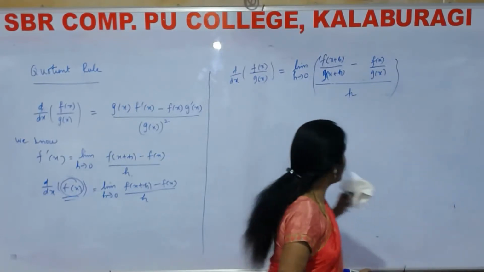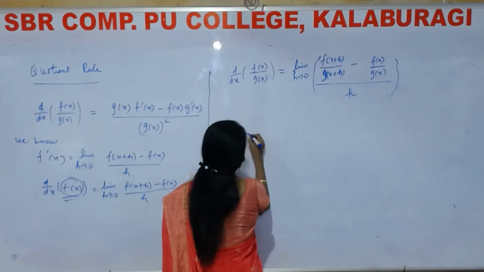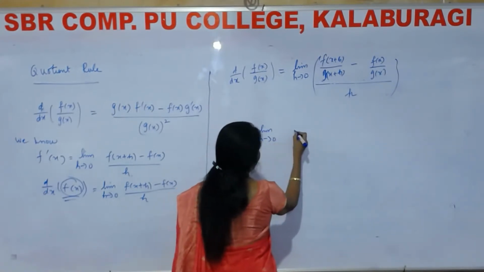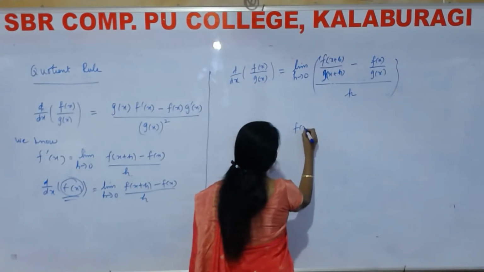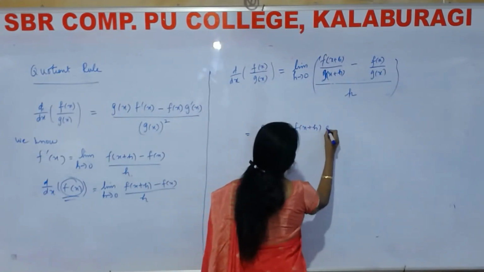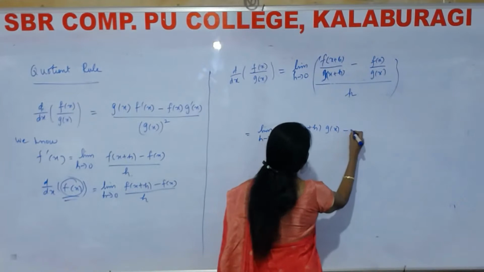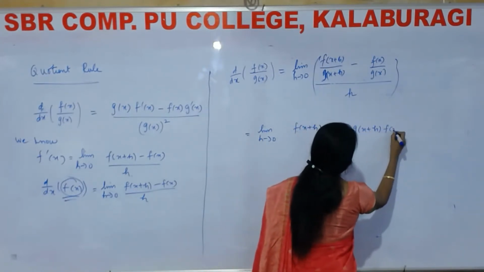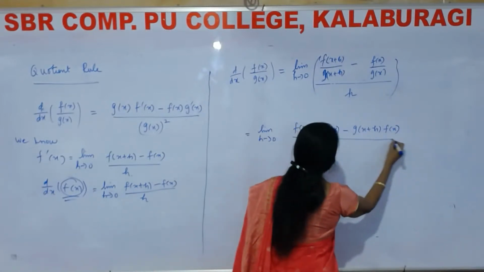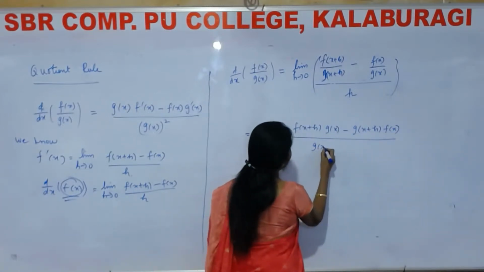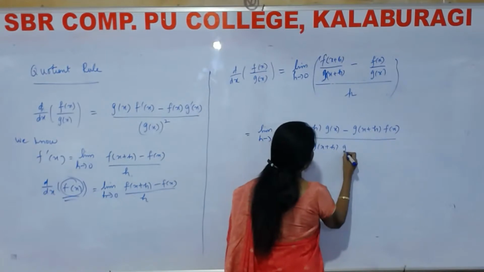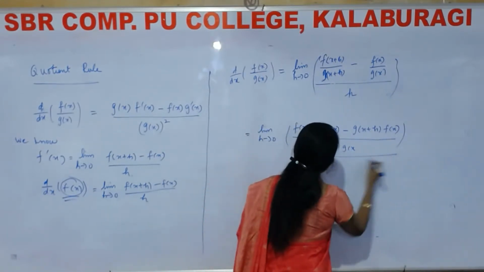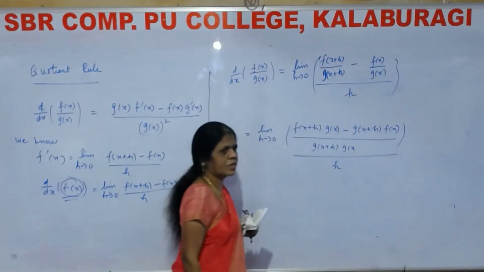Sit down. Now, take LCM for this. What is this? Limit h tends to 0. What is the LCM for the numerator? f of x minus g of x plus h into f of x, divided by g of x plus h into g of x, okay, the whole thing divided by h.